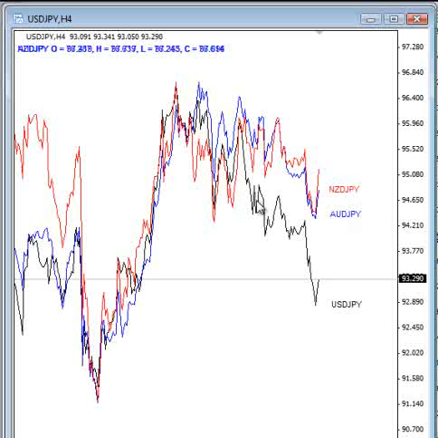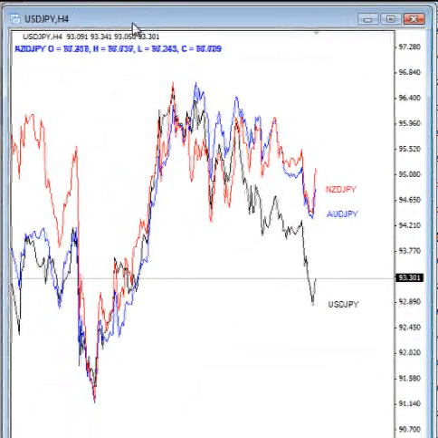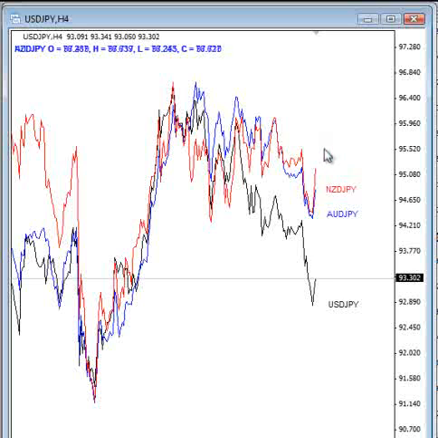You can see how deep this dollar yen has retraced over the past few days. So if dollar yen will bottom based on this wave count, so if we see an impulsive rise higher here, then we of course expect much stronger price action to the upside on New Zealand dollar against the yen and Aussie yen.